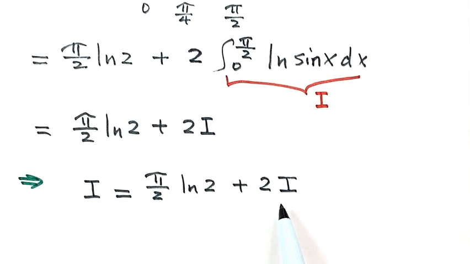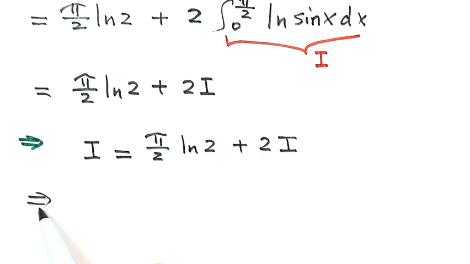Now we just solve this equation for I. So I equals negative pi over 2 log 2.